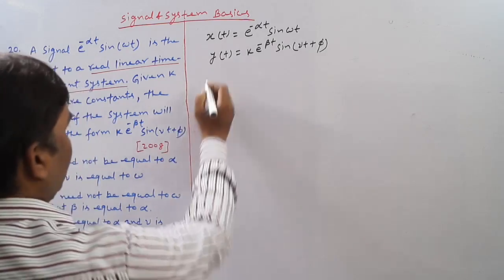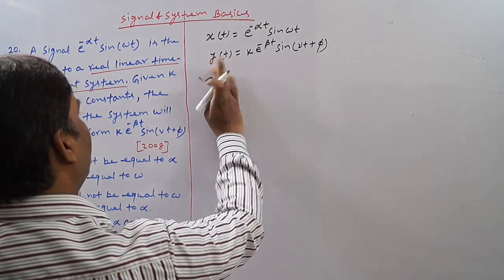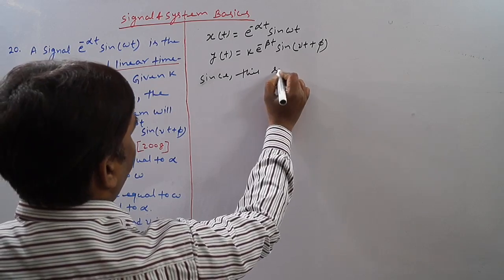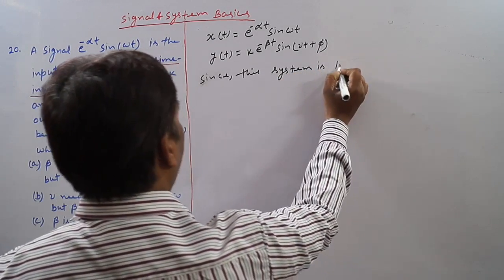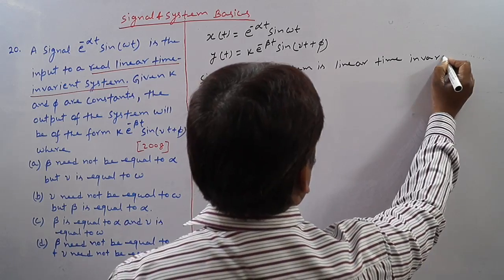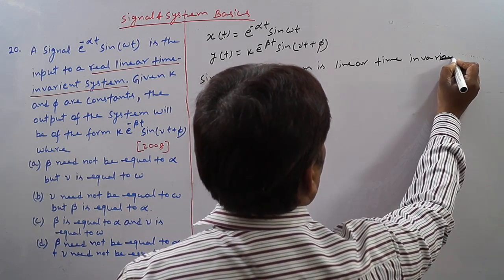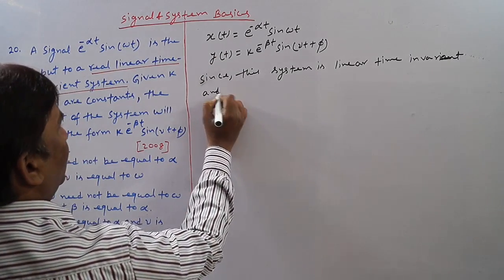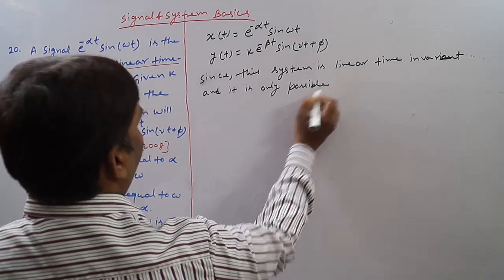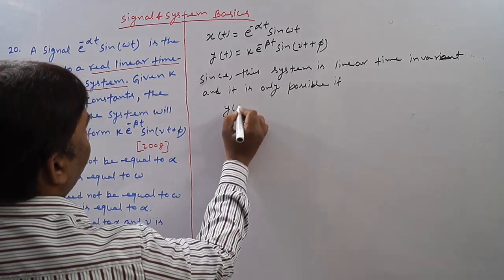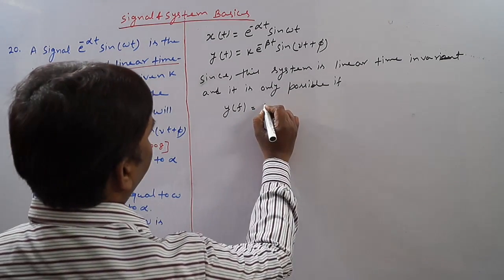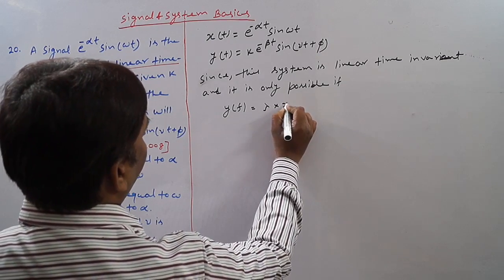So, since this system is linear time invariant, it is only possible if y(t) is some constant, let me write that constant as lambda, multiplied by x(t).